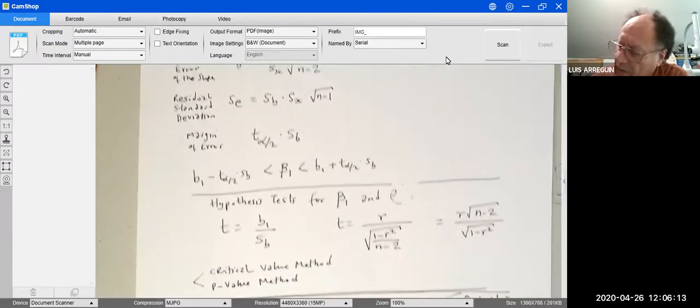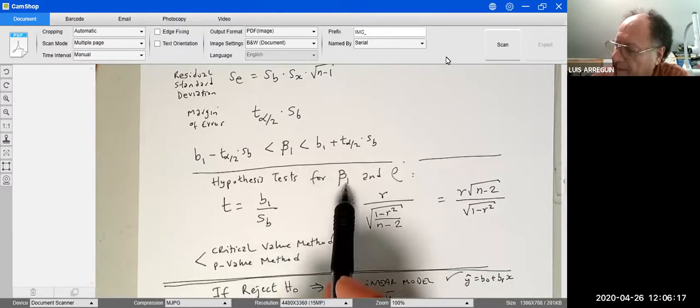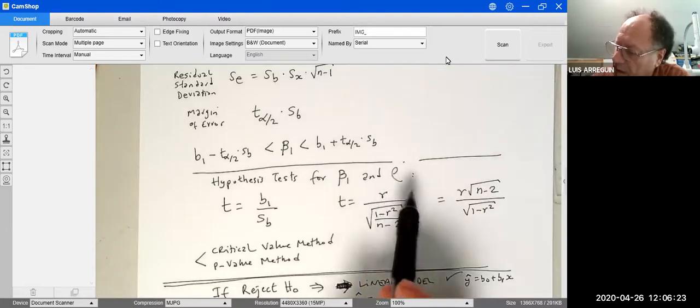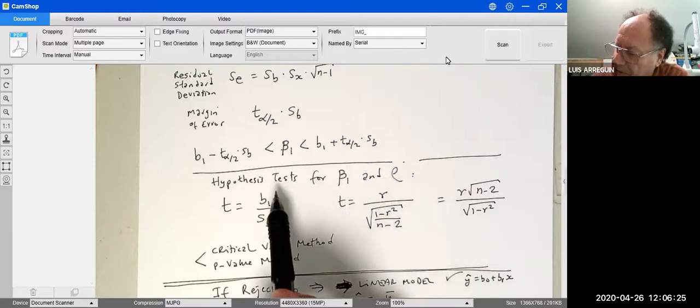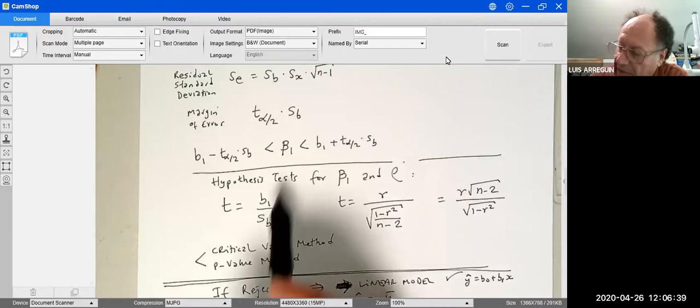Also, we're going to conduct hypothesis tests for the slope and for the linear correlation coefficient for the population, which is rho. And the hypothesis test is the same. So you're going to compute your test statistic t, which is going to be b1, the slope, over the standard error of the slope, if you have this information.